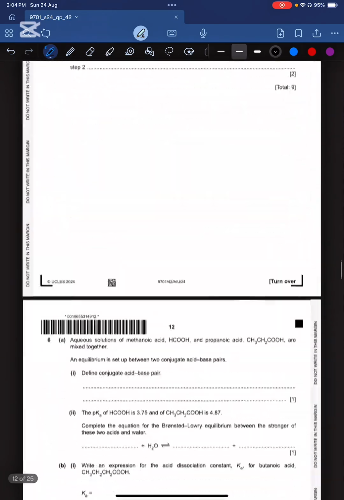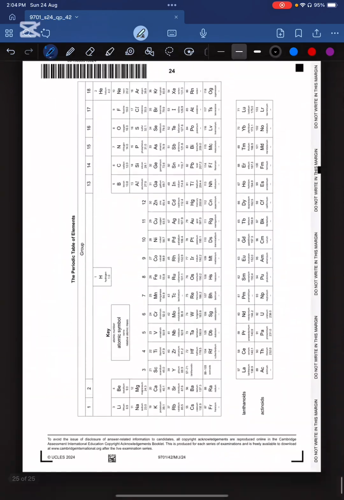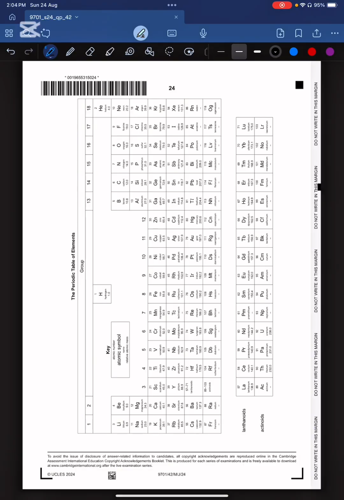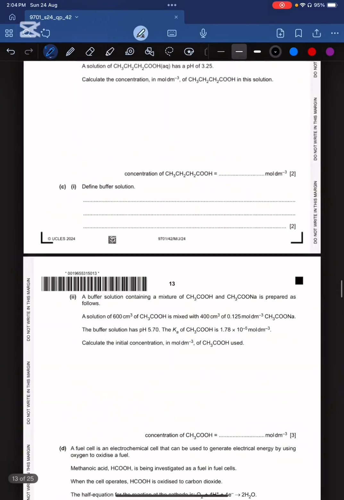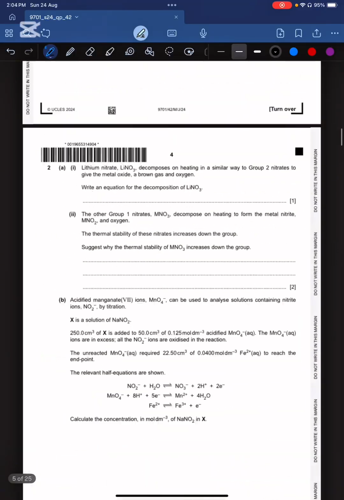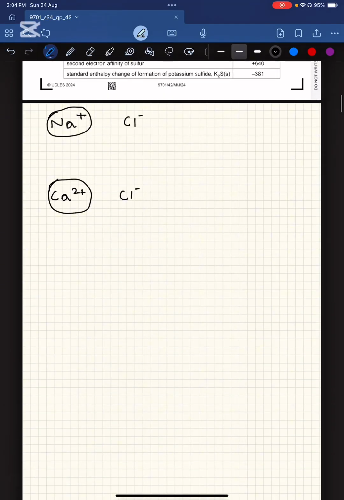Let's understand this. Let's take an example of two ions which have the same charge but different sizes. For example, sodium and potassium. I take Na+ Cl-, and K+. Sodium has a smaller size. Potassium has a bigger size because, as we have learned in AS level, the size of the ion increases down the group.